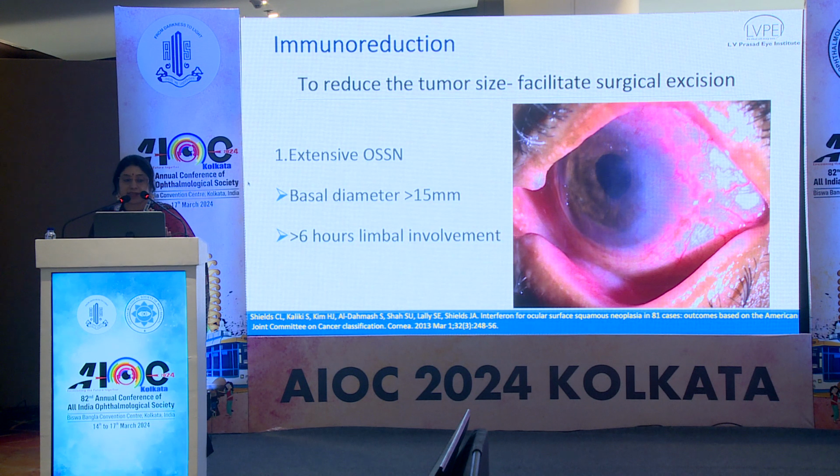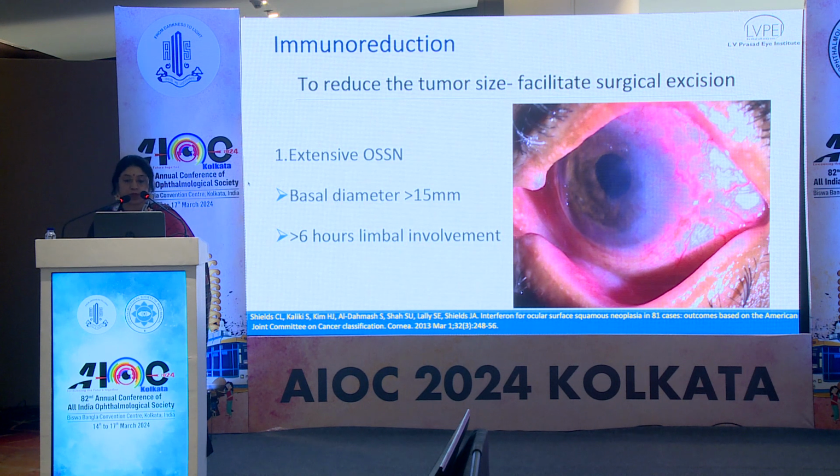When we have an extensive OSSN with basal diameter of more than 15 millimeter or more than 6 clock hours of involvement, we need to reduce the size, or for that matter, many of these cases just go away with the use of chemotherapeutic or immunotherapeutic modalities.